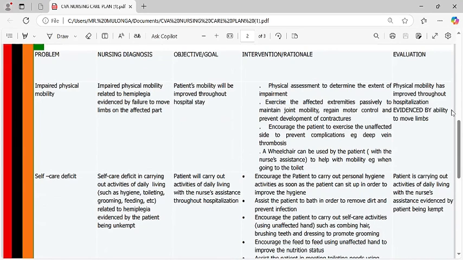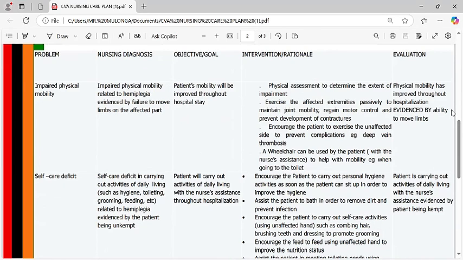And from there we go to the other one, which is evaluation. Under evaluation, we're saying physical mobility has improved throughout hospitalization, evidenced by ability to move limbs.